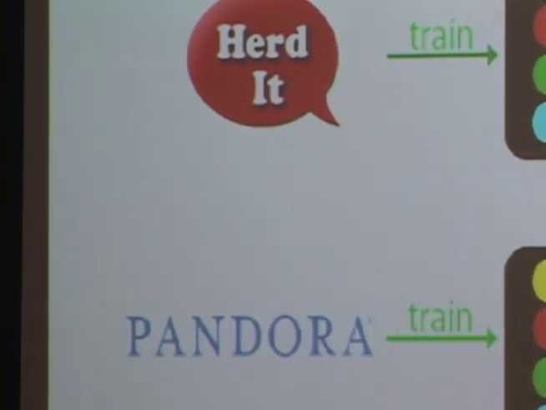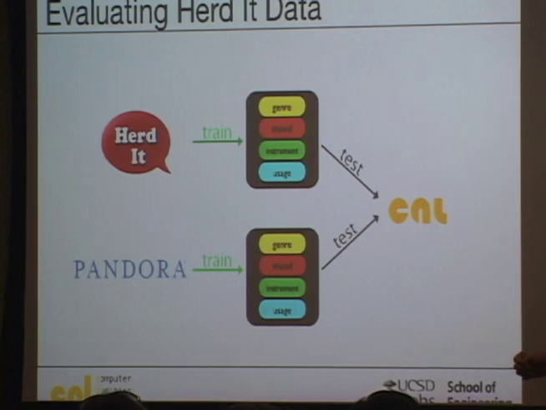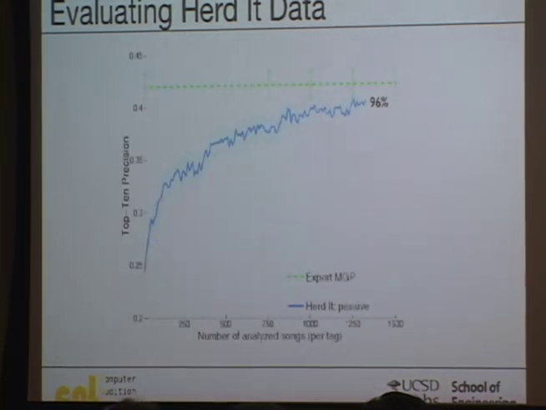It is true that Pandora doesn't give out their data, but there are some ways to mine it from the internet. There are some tags available through some of the web pages they have up for some of the artists. So we mined some of the Pandora data, trained two parallel systems with that, and evaluated one against the other.